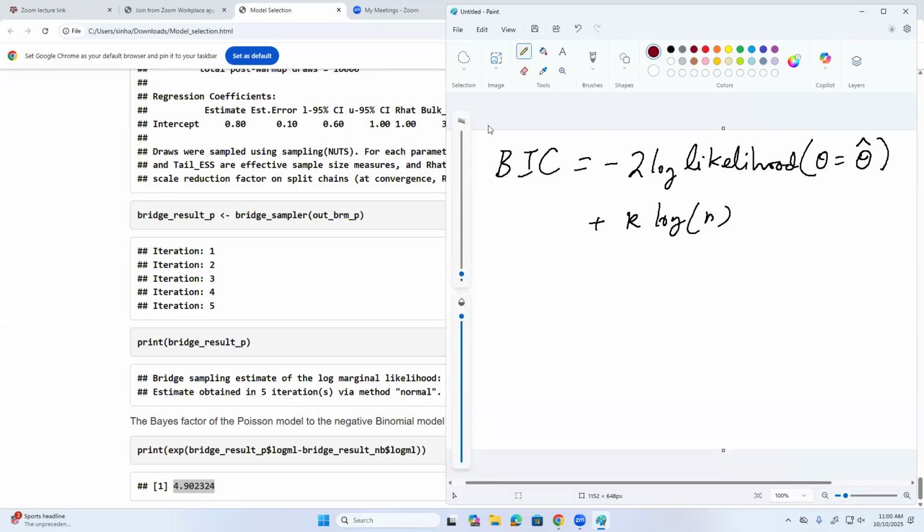And what is this k? K is the dimension of theta. This is Bayesian information criteria.